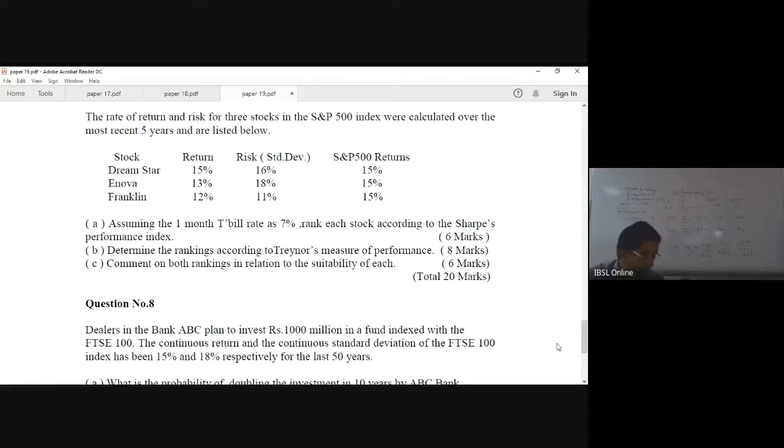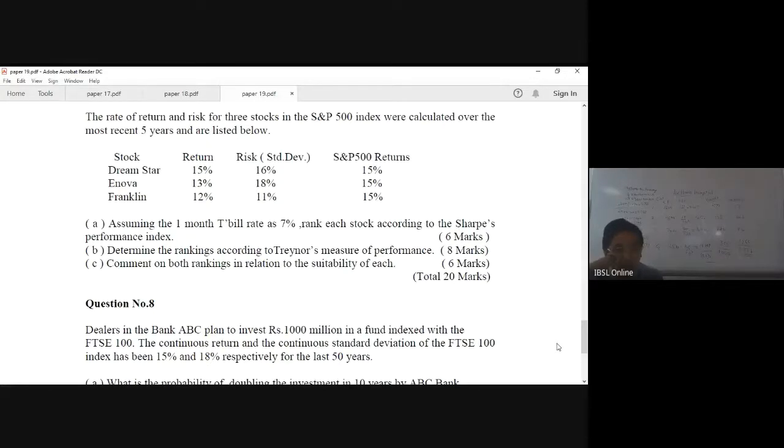Then Innova's Sharpe's index would be 13 minus 7, that is 6 divided by 18, that is 1 over 3, that is 0.33. 0.33 would be Innova's Sharpe's index.